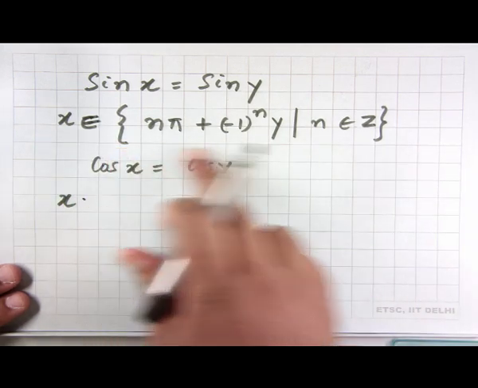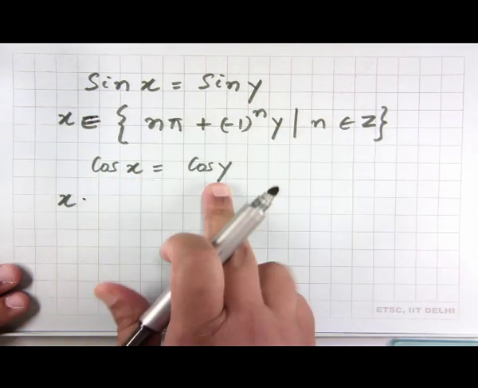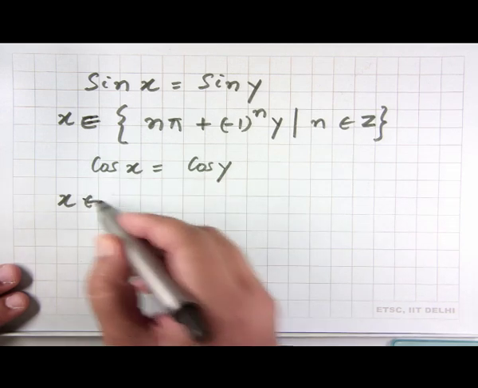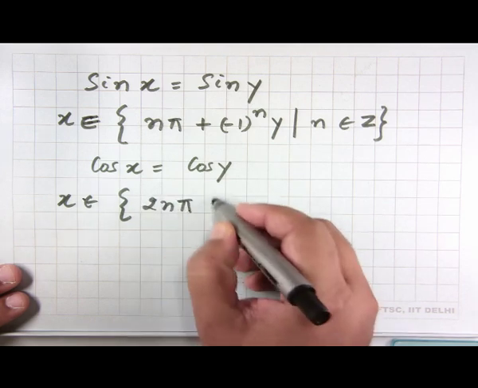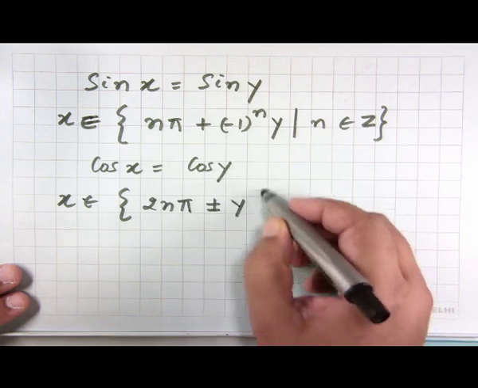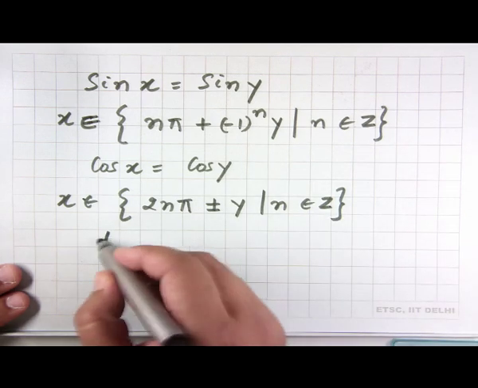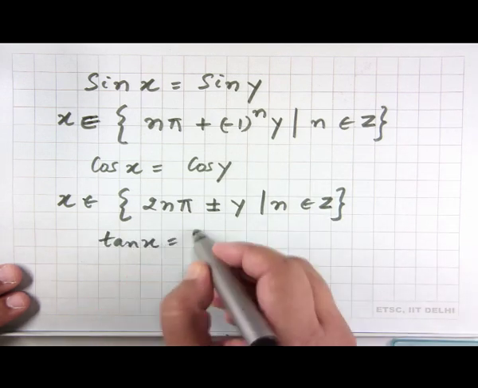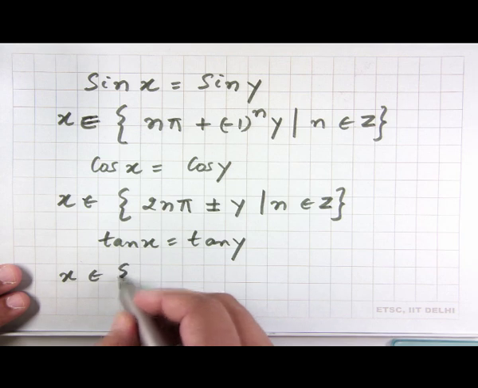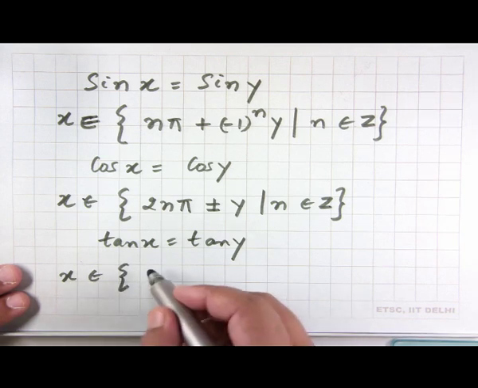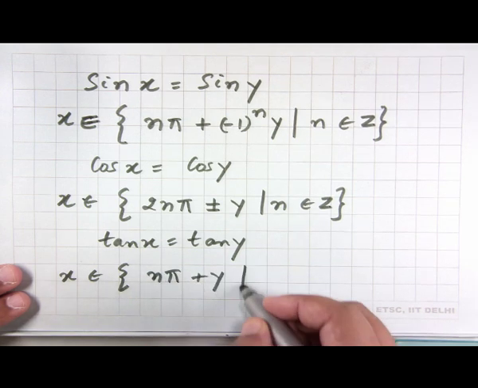So, this is the general solution set for this equation, and for cos x equal to cos y, x belongs to the set 2n pi plus minus y for all integers n, and for the equation tan x equal to tan y, we showed that the general solution set was of the form n pi plus y for integer n.